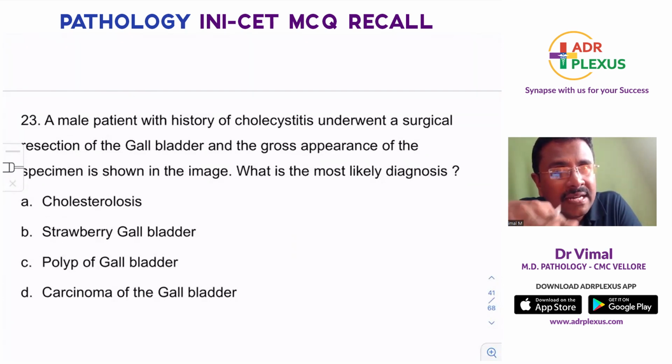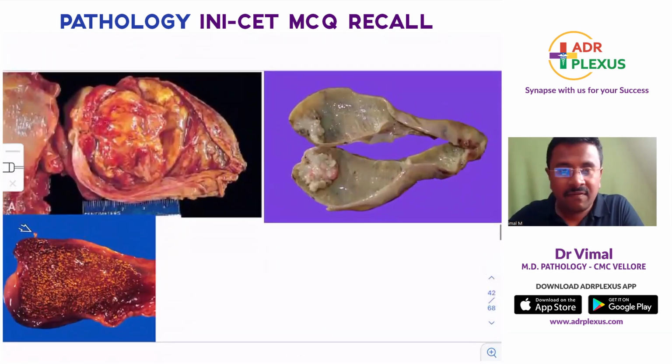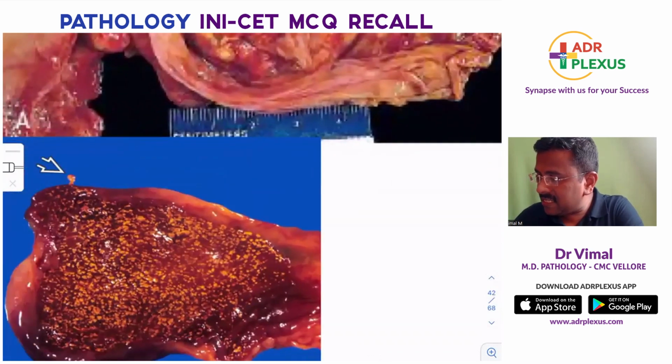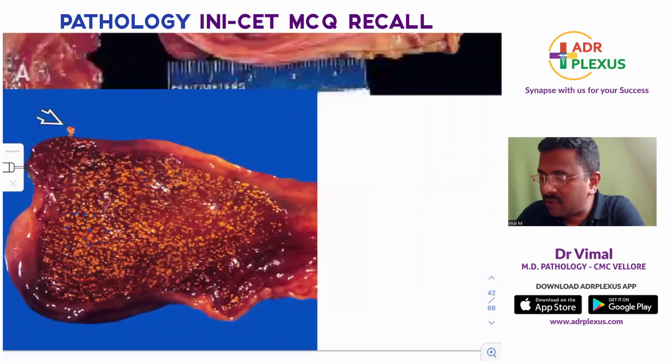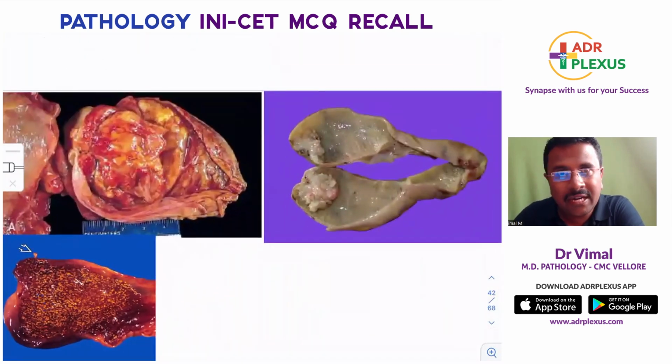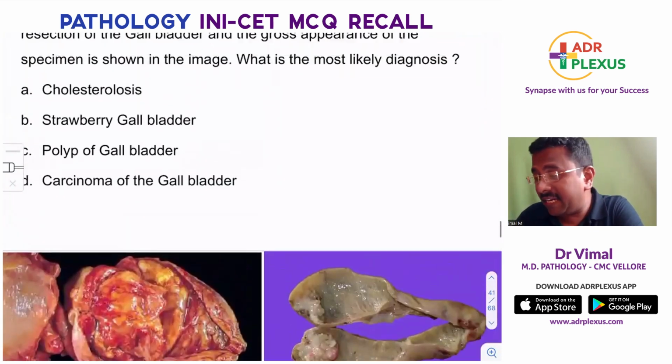I have given you three images. In this image of a gallbladder, you can see multiple yellowish specks on the mucosa. Wherever there is yellow, you should first think of fat.